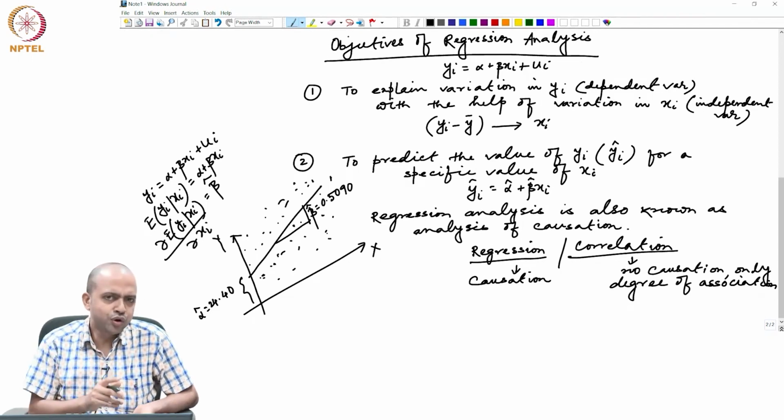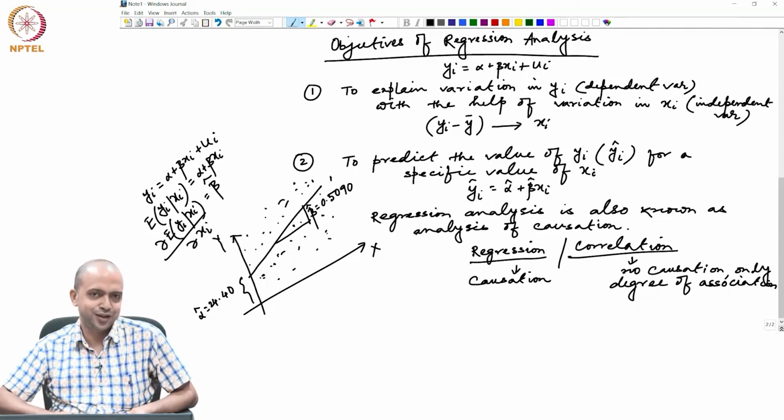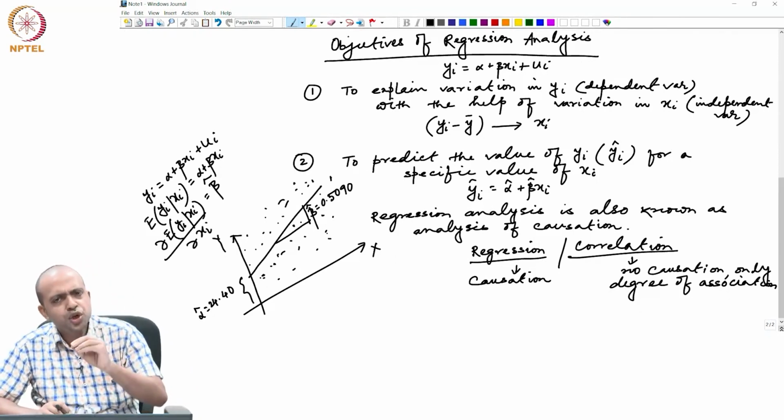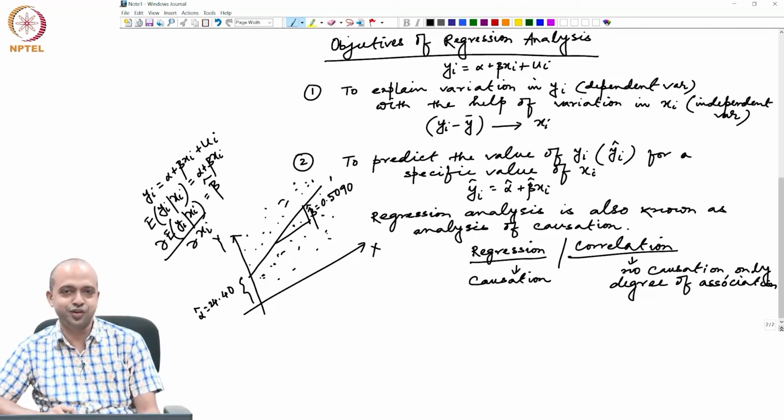But I do not know how good this line is to represent your data. So, I need to know something about the goodness of fit for the model that you have estimated. Why is that required? I am repeating once again.